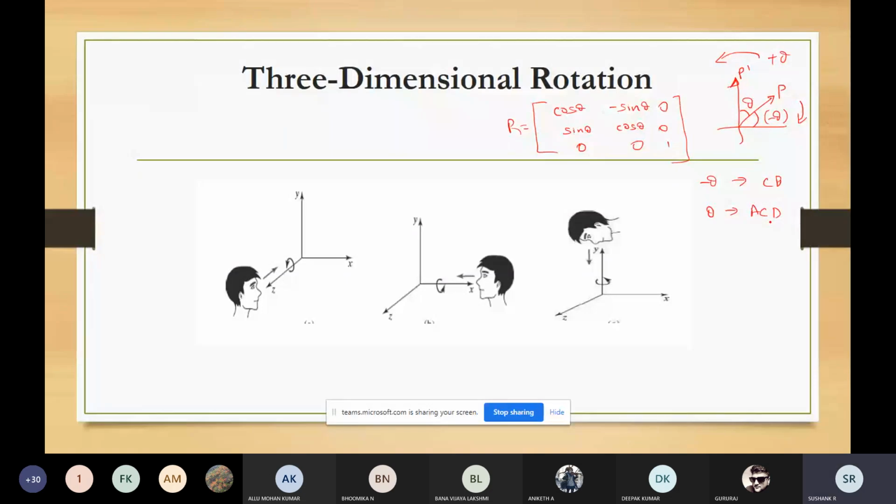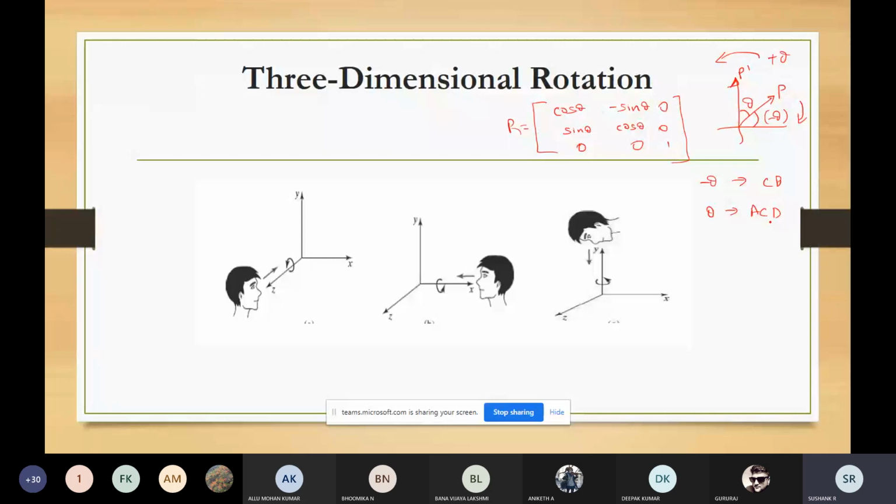There we were rotating with respect to the x-axis and y-axis. Here we are adding one more axis, the z-axis. What is the difference here? One thing is that the direction of view will matter.